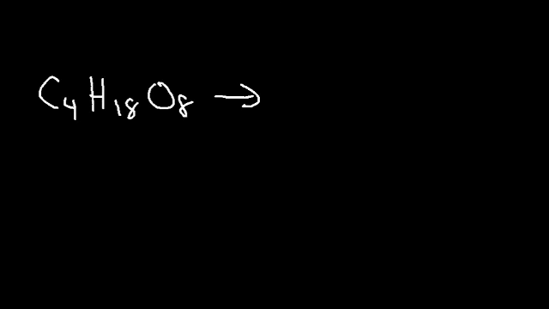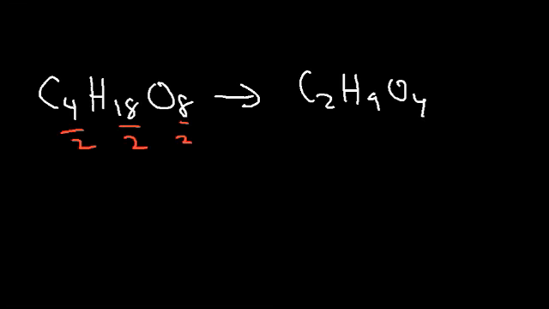So let's say if we have the formula C4H18O8, the empirical formula would be C2H9O4. We can divide each of these numbers by 2. So the empirical formula is simply the lowest whole number ratio of any molecular formula.